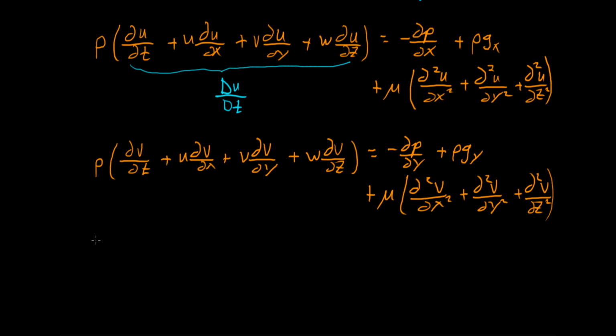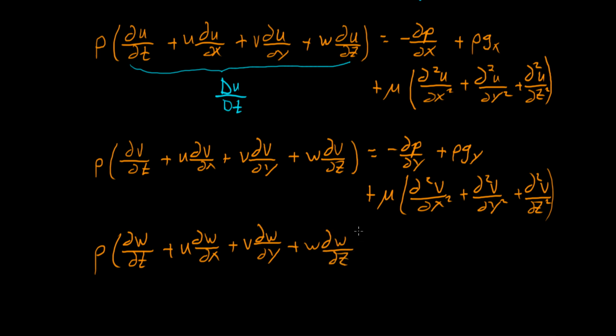And of course, we want to do this in our third dimension, which is the z direction. So we'd get rho times dw dt plus u dw dx plus v dw dy plus w dw dz.